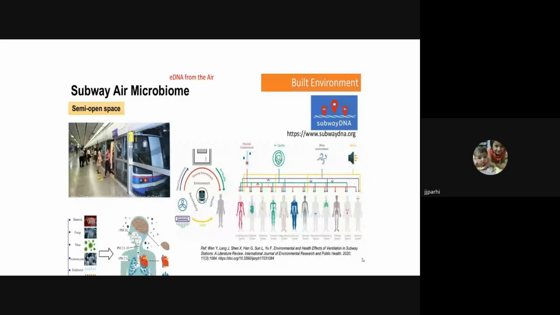This mechanism is a little bit different. They have to collect eDNA from the air, whereas otherwise it is collected from water. So the filtration mechanism is a little bit different. The point is that airborne eDNA also has a role in the case of our health.